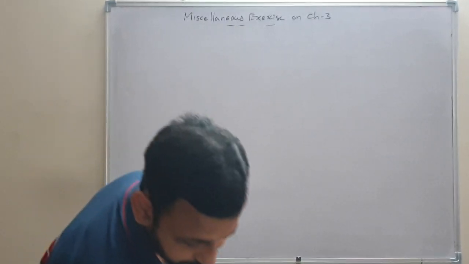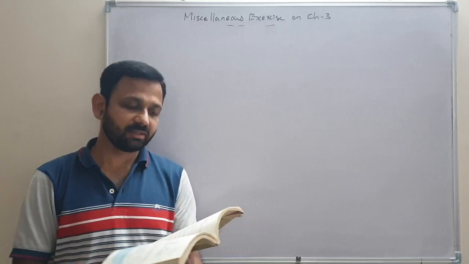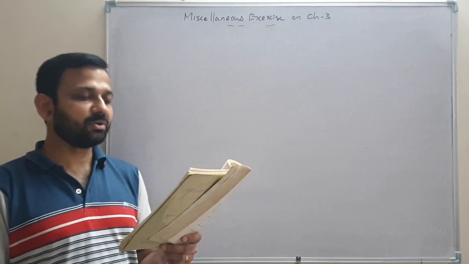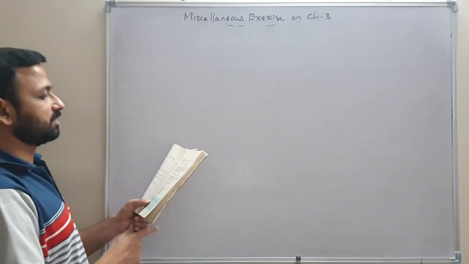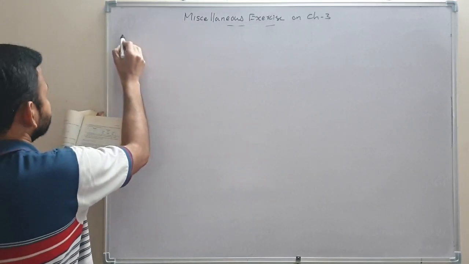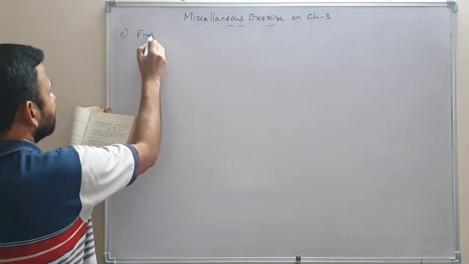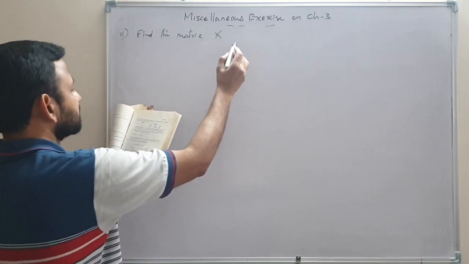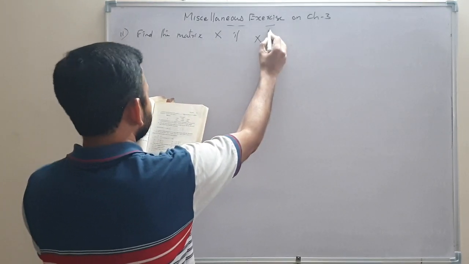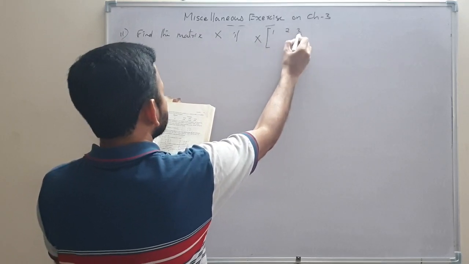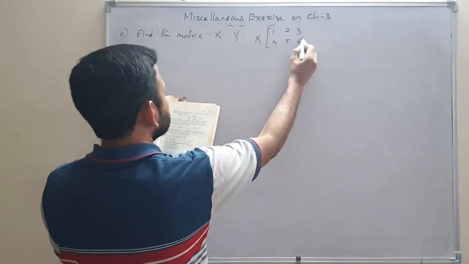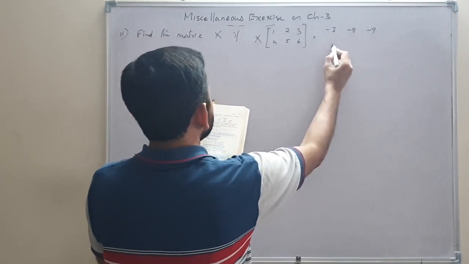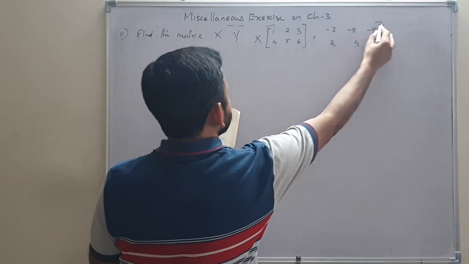Now we are going to do question number 11. Find the matrix X so that X into one matrix is equal to another matrix. Find the matrix X if X into [1, 2, 3; 4, 5, 6] is equal to [-7, -8, -9; 2, 4, 6].